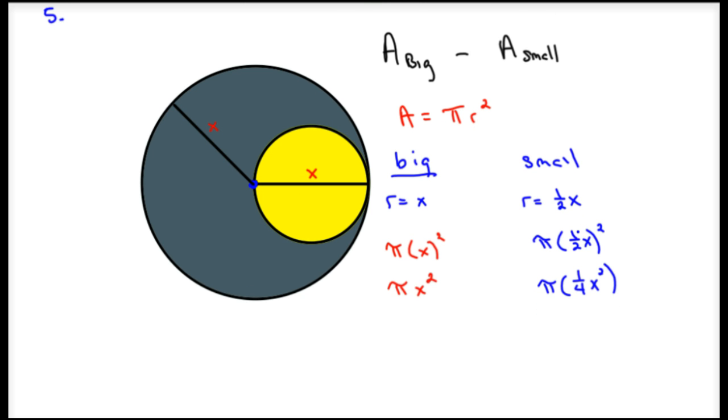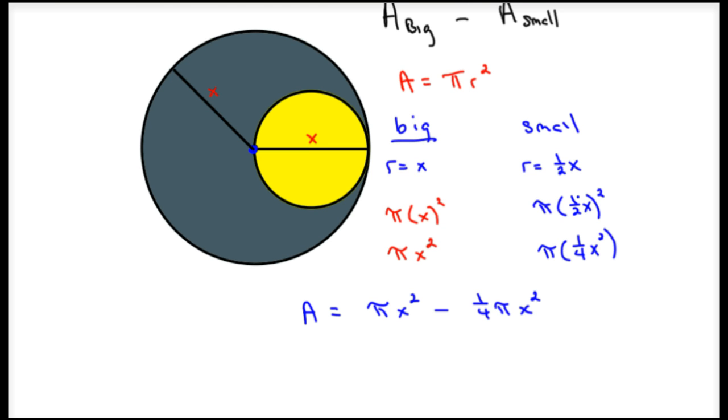So my last step here: since I'm looking for the area of the shaded region, the total area is going to be pi x squared minus 1/4 pi x squared. Question becomes, am I done? Did I simplify this all the way?